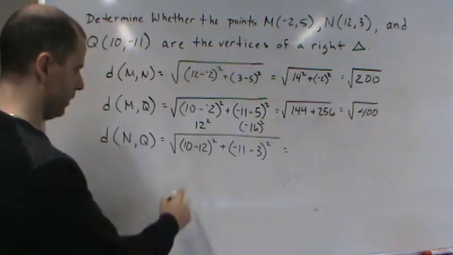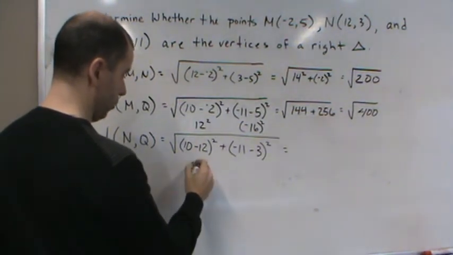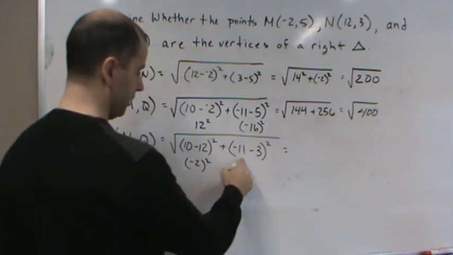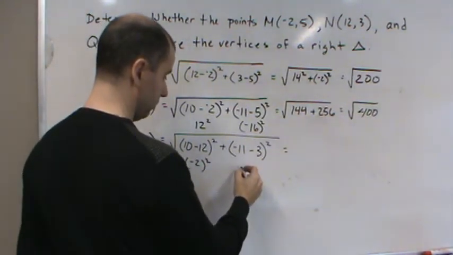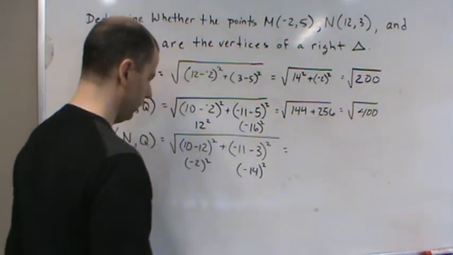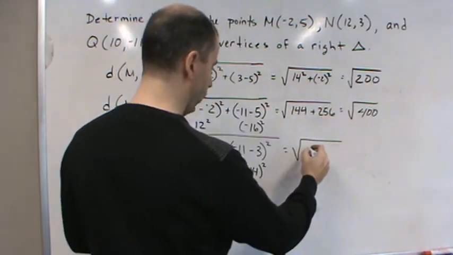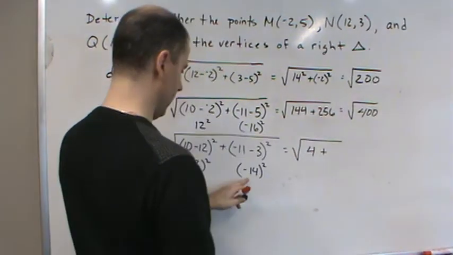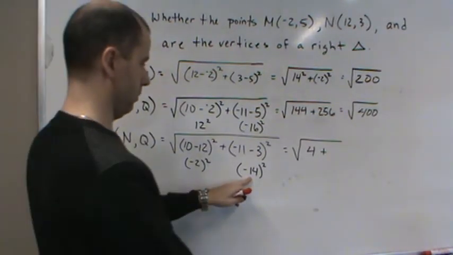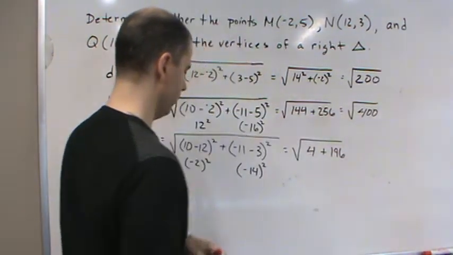This gives us negative 2 squared and negative 14 squared, so the square root of 4 plus 196.